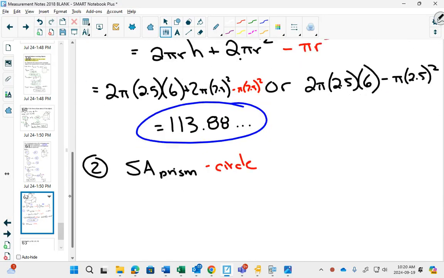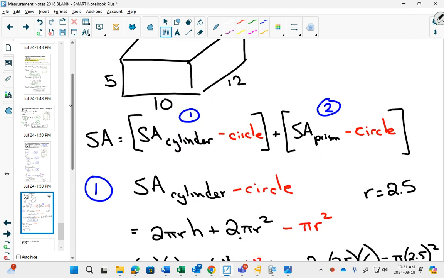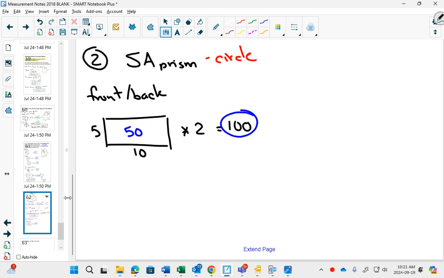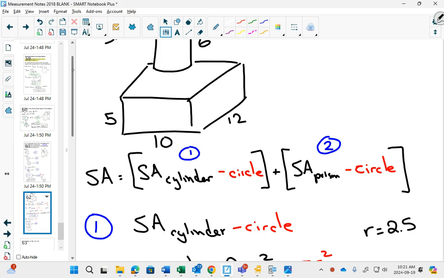So we can draw them out if we like, and maybe label them the front, back. If I call that my front, it's 5 by 10. My front and back, they'll be 50. Of course, there's 2 of them. That'll be 100. My top bottom rectangles will be the same. I look at my picture. It'll be 10 by 12.